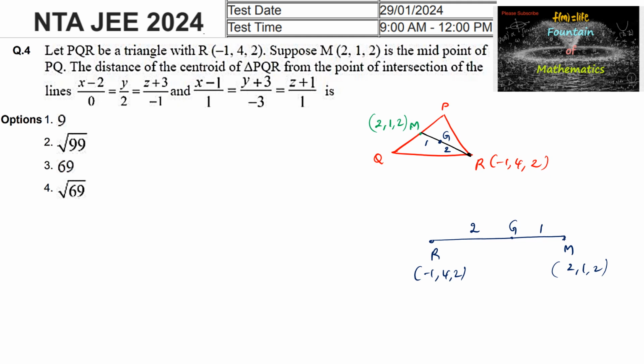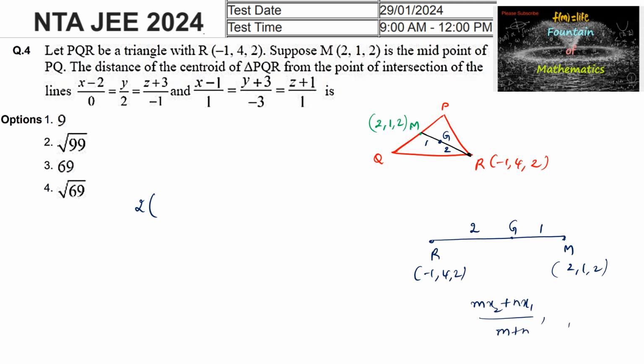So we can get the centroid by using the section formula: (m x2 plus n x1) upon (m plus n), similarly for the y coordinates.